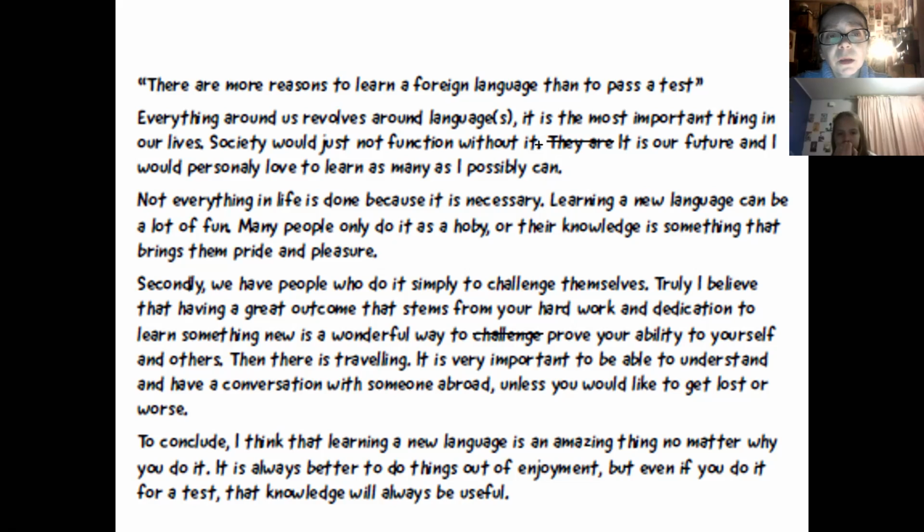Do you like this phrase? Society would just not function without it. Yes, I like it. But is it linguistically correct? No. What's wrong with it?